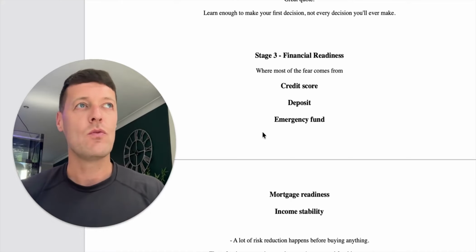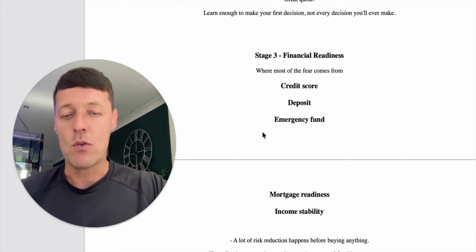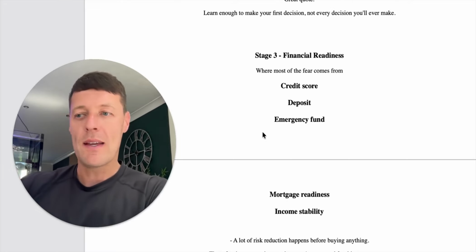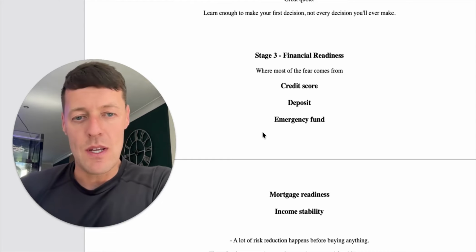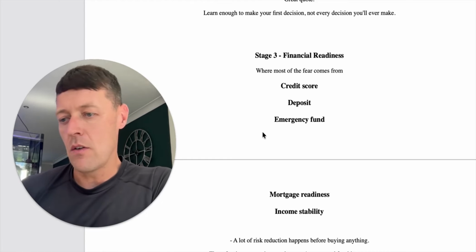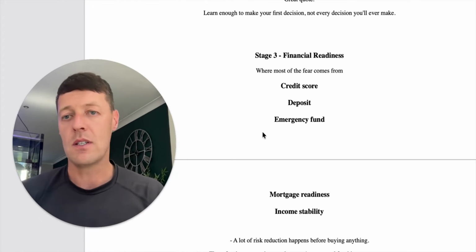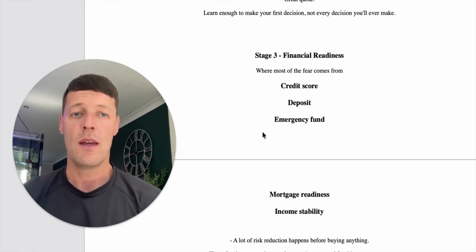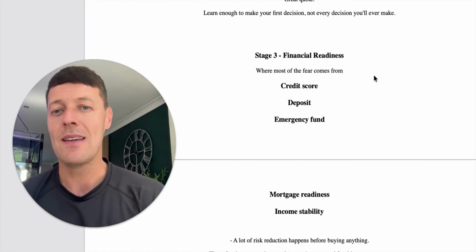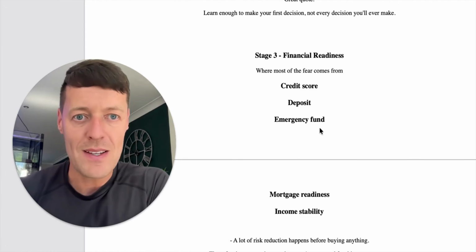Now, financial readiness, this is where most of the fear comes from. So if you currently have doubts, if you're afraid of messing up, if you're afraid of losing the money that you invest, the money that you worked hard for, then it's financial readiness that you need to fix.